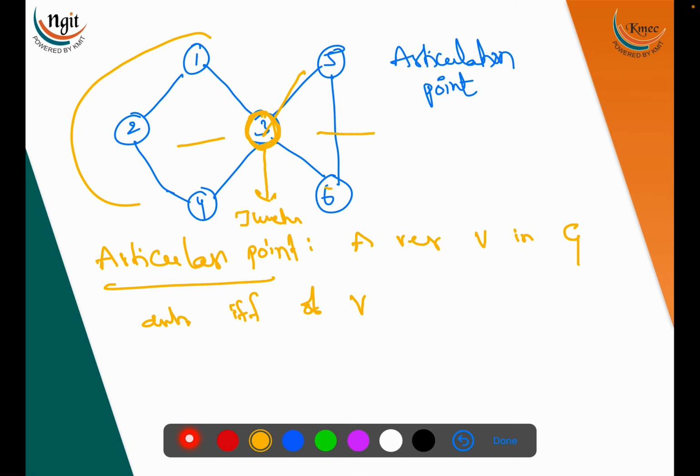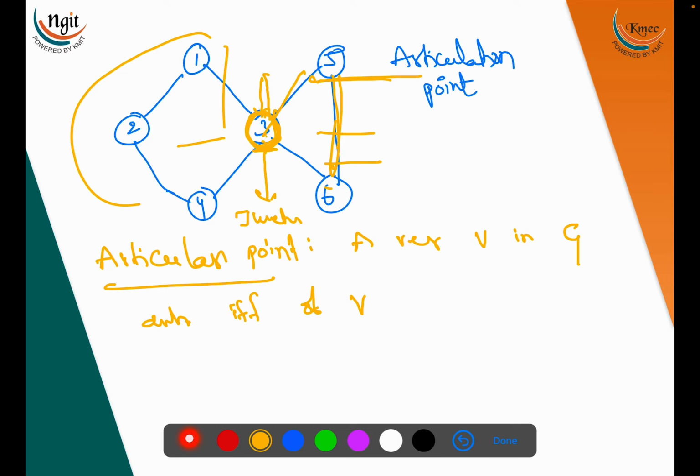So if I delete this vertex, I am calling this an articulation point, because an articulation point is what? A vertex V in a connected graph G is an articulation point if and only if the deletion of vertex V together with all edges incident to V disconnects the graph. So this is an articulation point. If I delete this one, 5 and 6 will not have any edge to this side.